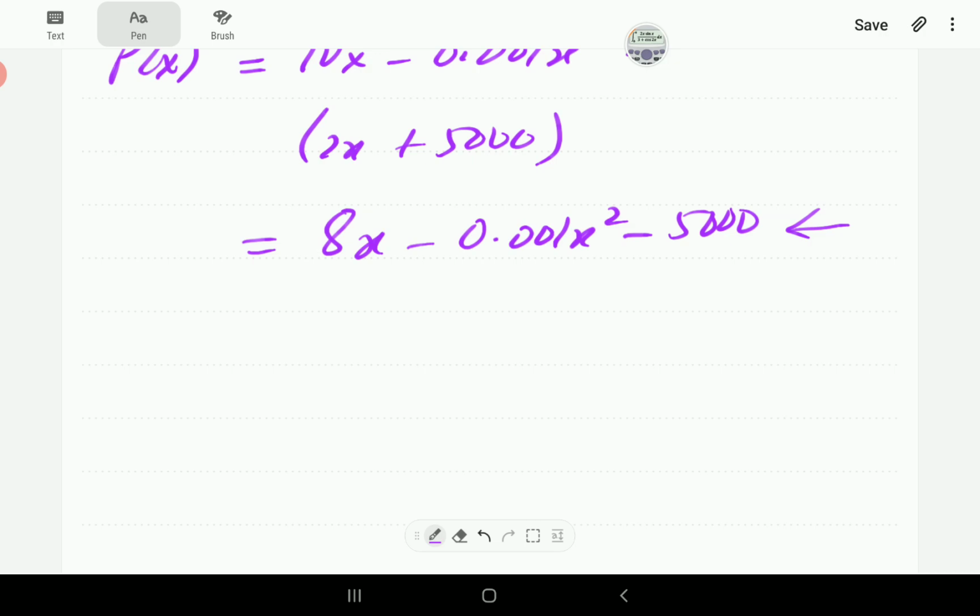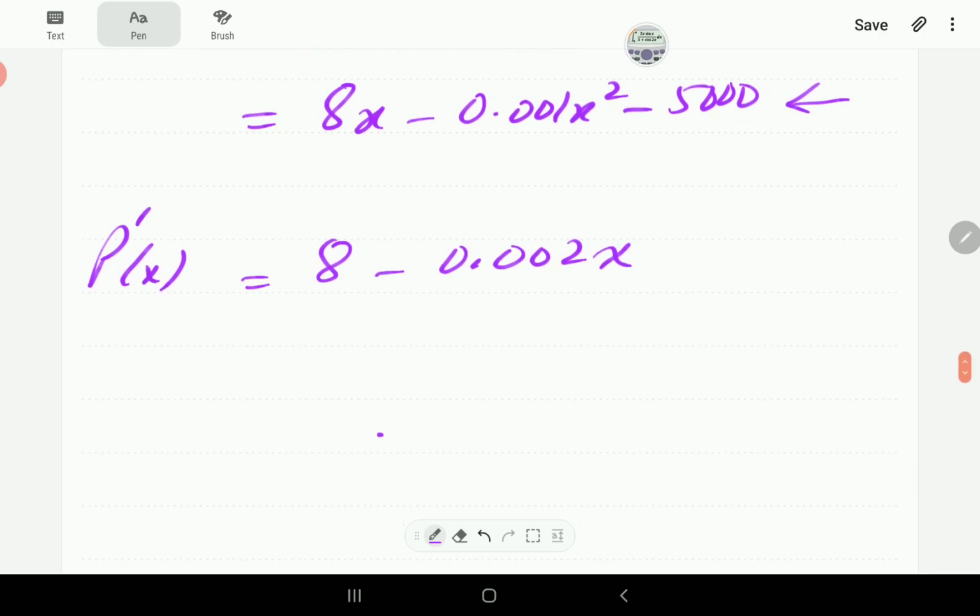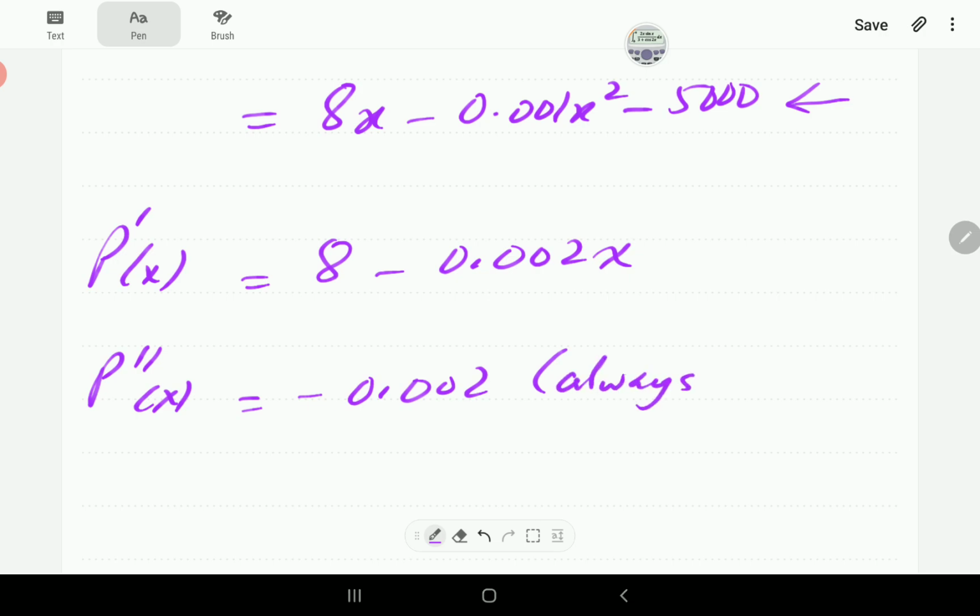So we want to find the first order derivative, which is going to be 8 minus 0.02x. The second order derivative is going to be negative 0.02. Whenever the second order derivative is a constant, it means this curve does not change concavity. So this one is always concave down, like that.